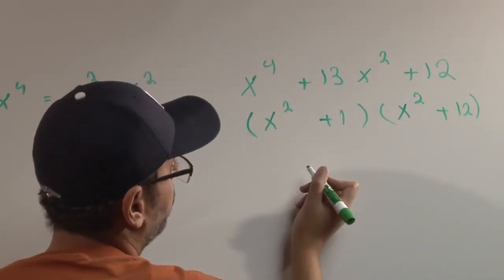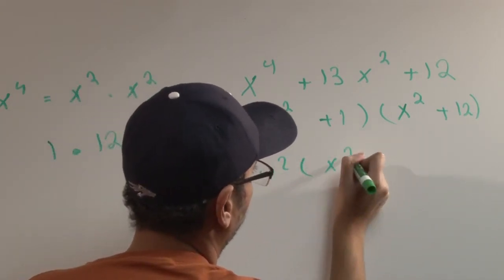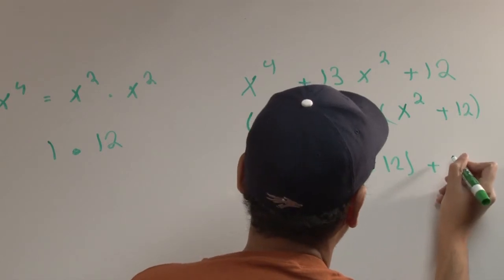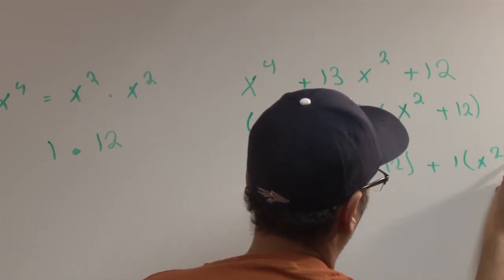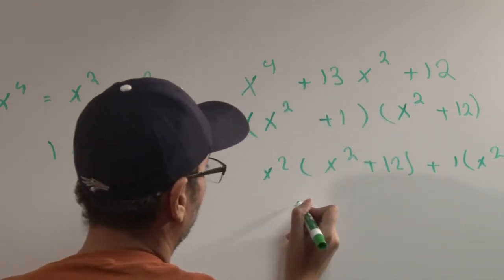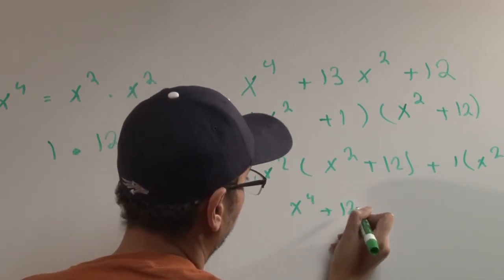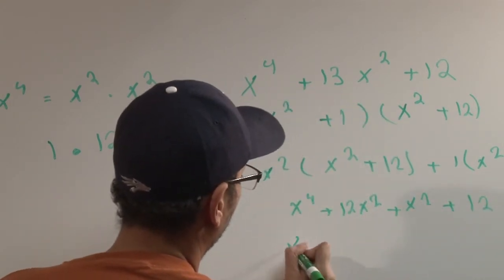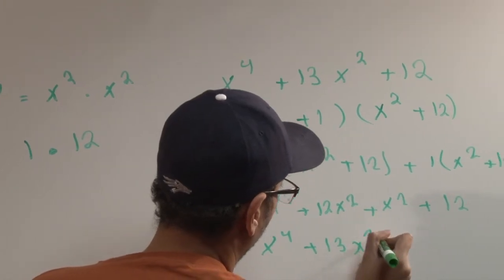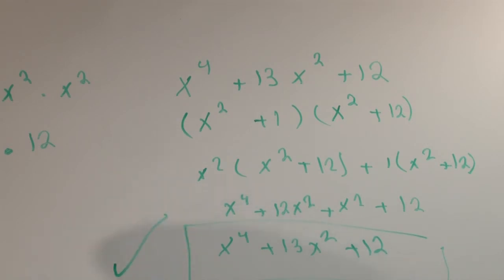Let's distribute that and check if we get that or not. x squared times x squared plus 12 plus 1 times x squared plus 12. x to the power of 4 plus 12x squared plus x squared plus 12. So x to the power of 4 plus 13x squared plus 12. Same one? Right.